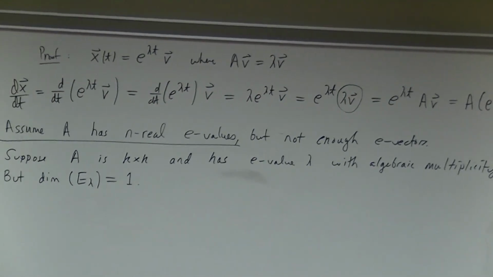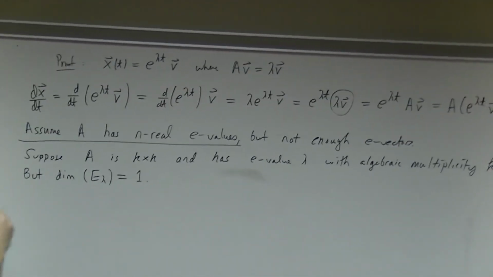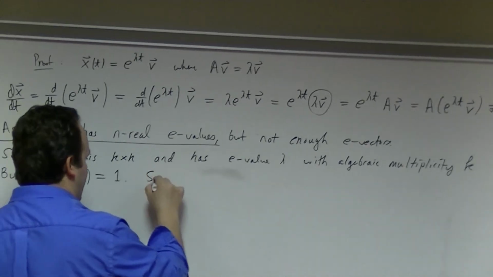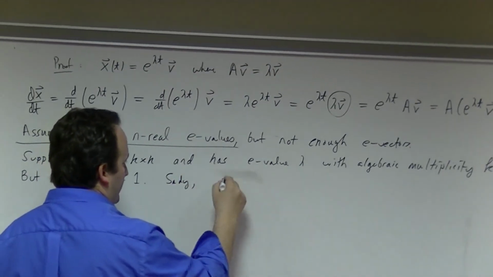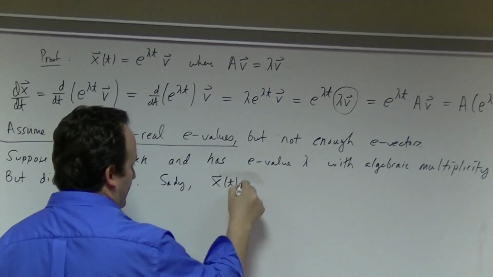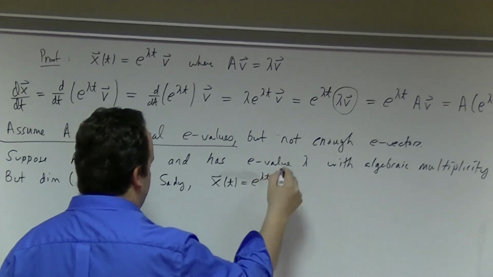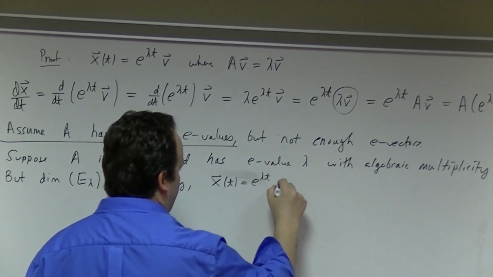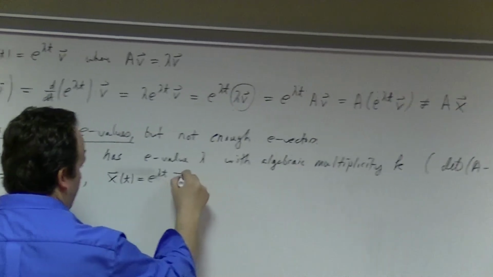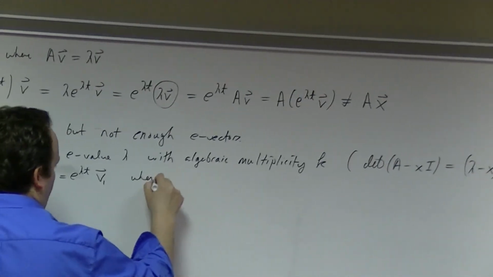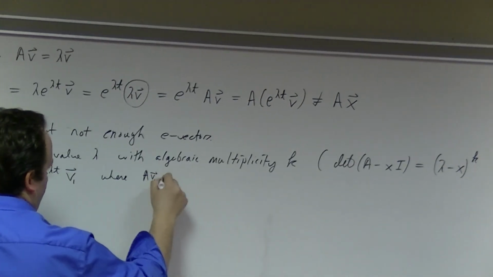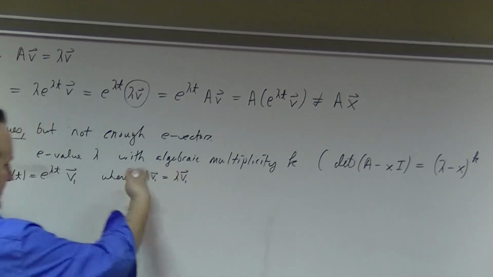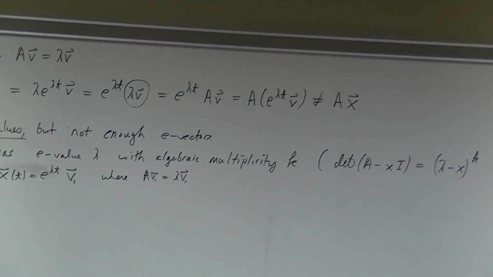So it's kind of sad. Sadly, we just get x of t equals e to the lambda t times v1, where A v1 equals lambda v1. That's all I get for an eigensolution.